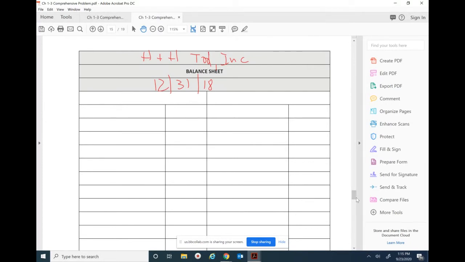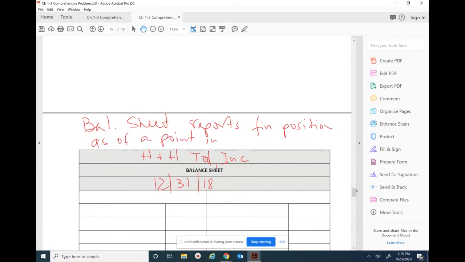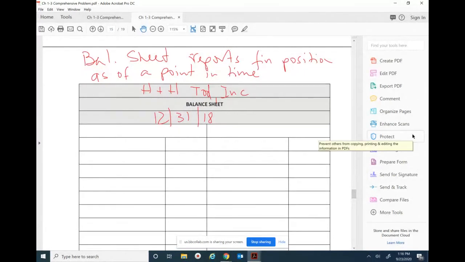Remember, the balance sheet reports financial position as of a point in time. So the balance sheet is a snapshot, literally a picture of everything that the company owns.